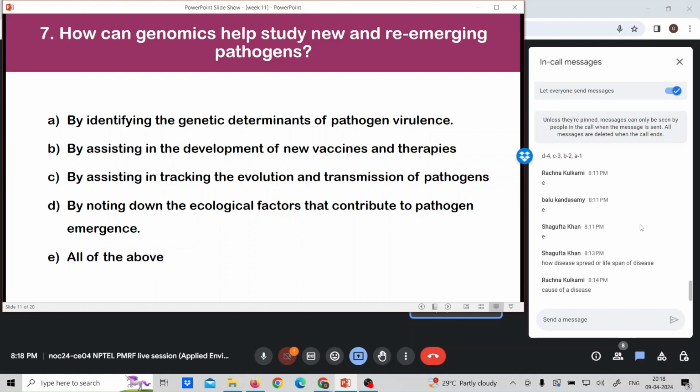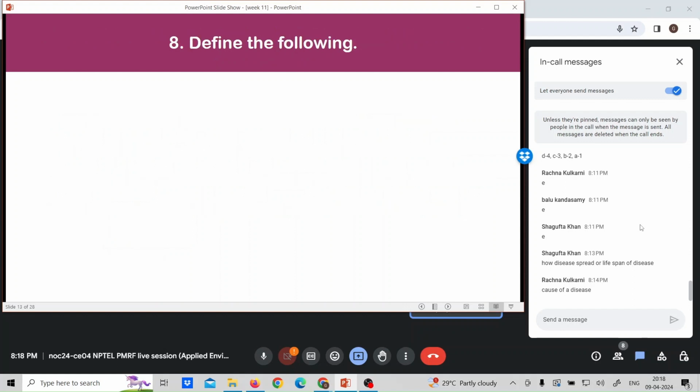Options A and B work for the determinant part in the definition of epidemiology, and options C and D work from the distribution point of view. So all this together gives us a whole idea of epidemiology, and we can go about prevention and control of disease. I guess the question and the options are clear. So as you have rightly mentioned, it's all of the above. So yes, now you can define all these four terms.